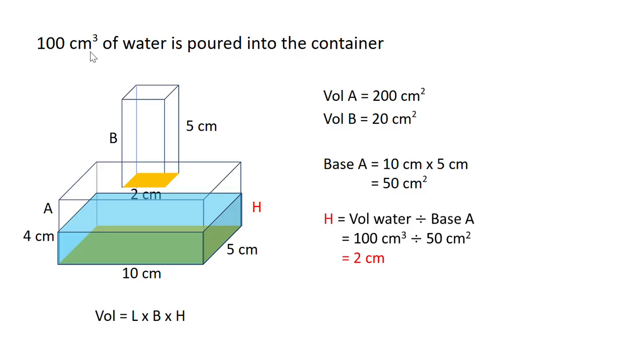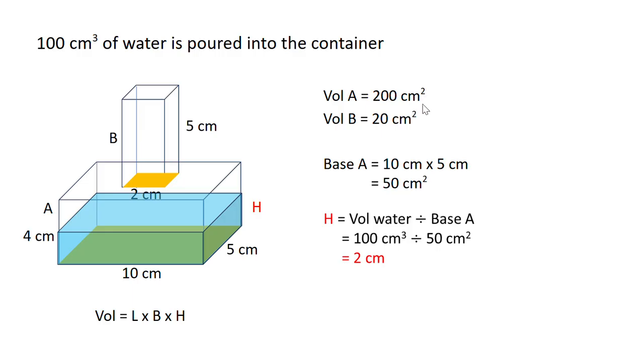If somebody is pouring 100 centimeter cube of water into the container, it simply means that it cannot even fill up container A. So the water did not even fill up container A. So in this case, we can ignore container B totally because you have a container that is volume 200 centimeter cube.